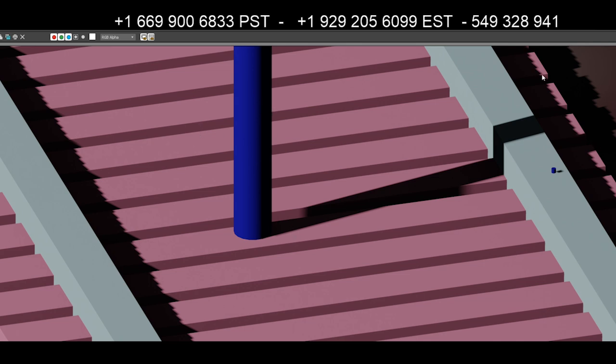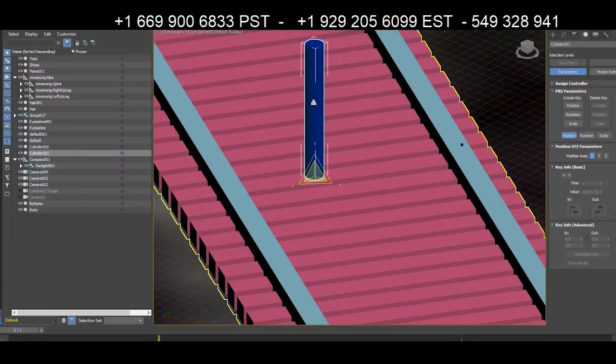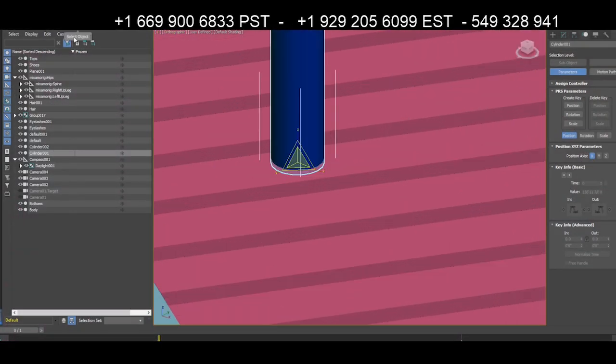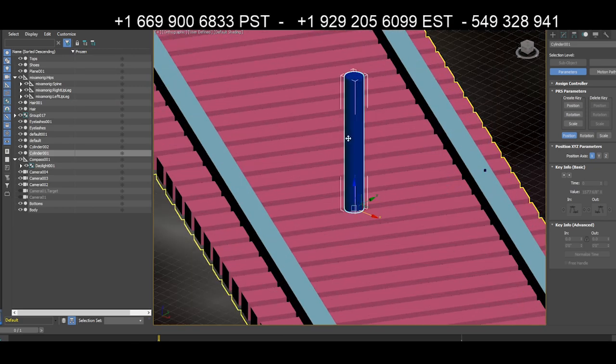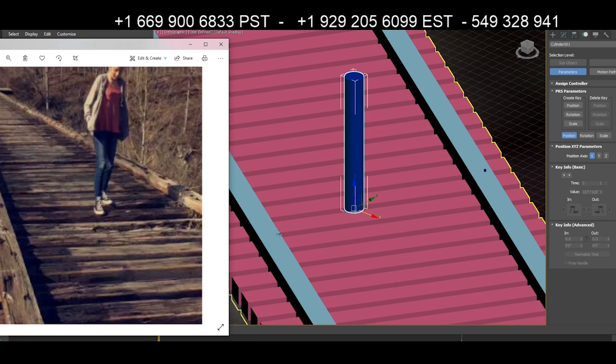But let's put her right on the gap, just how she is in the image. Right there. And if it's exactly the right time, I would think the shadow should go, let's take a look at her image one more time.